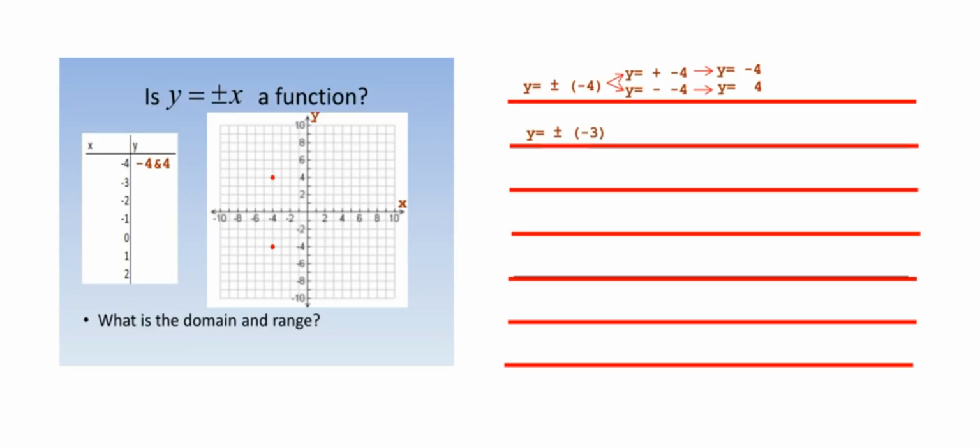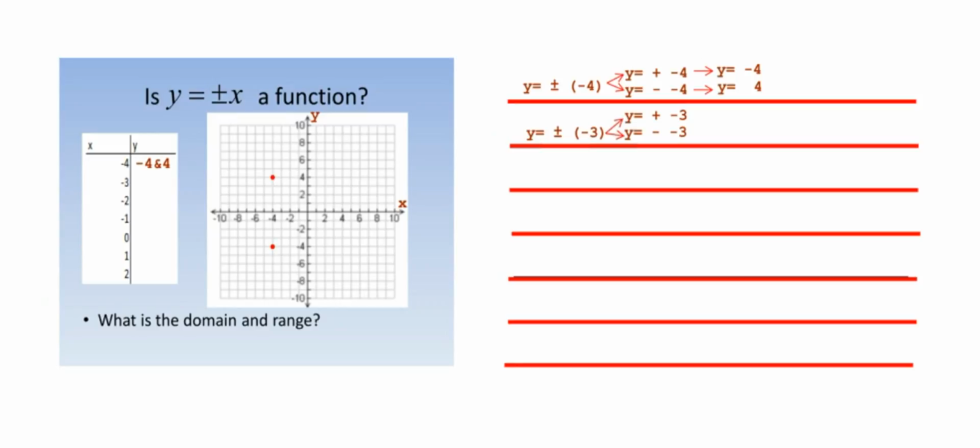Let's try the next case, -3. Y equals plus or minus -3 in place of the x. Notice that's where the parentheses are, where our x used to be. And once again, let's split this up. The first positive and negative sign is because of the plus or minus sign in our equation.